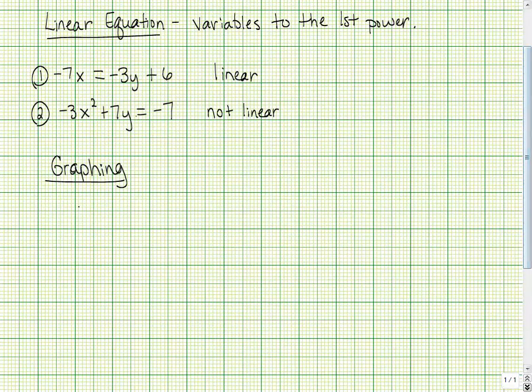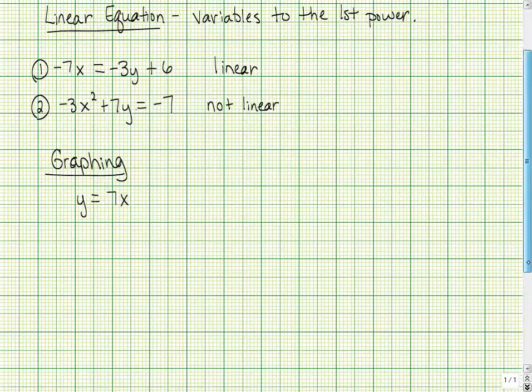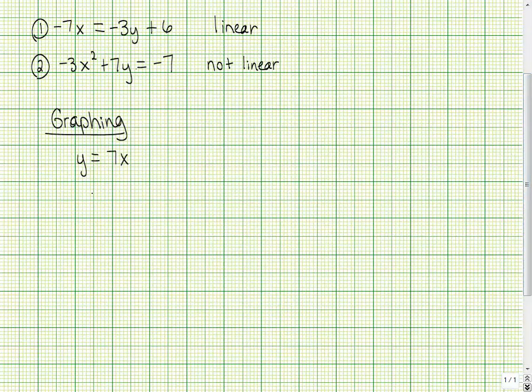Let's say you have the equation y equals 7x. And we're going to graph by using a table of values. So we're going to make a little XY chart. Now we're going to choose some numbers to substitute in for x. It doesn't matter what you choose.